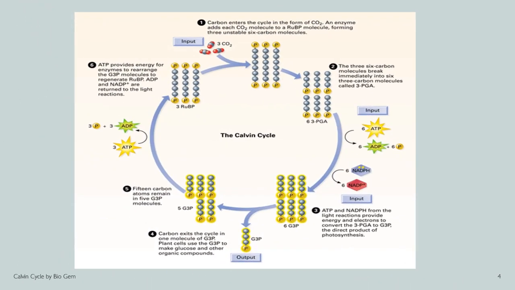Now this here is the Kelvin cycle. It looks pretty complicated, but trust me, it's a really easy, conceptual topic. So the number one step, what happens here is this. You can see three carbon dioxides; the two red oxygens and one gray carbon represent a carbon dioxide.